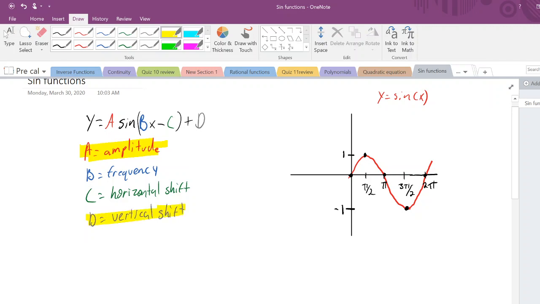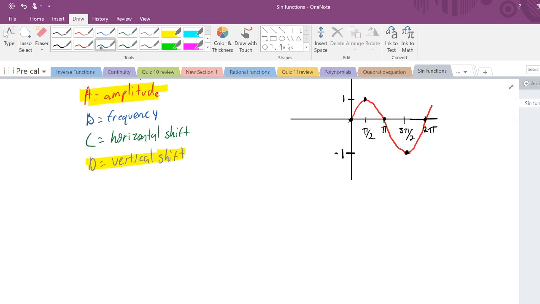Alright, so here's some vocabulary that you need to know. The first one is called the midline. What is the midline?